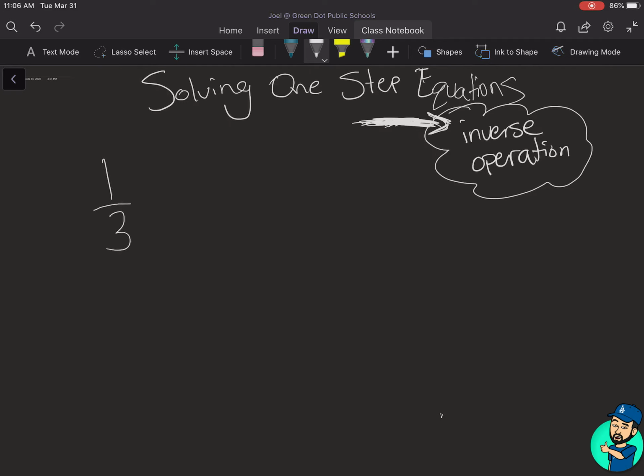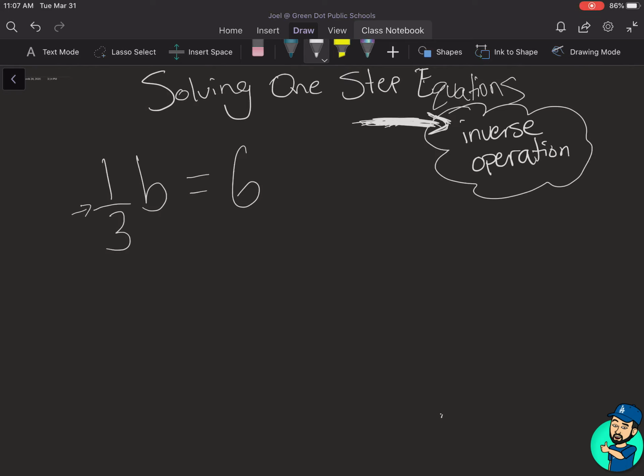1 over 3, or 1/3, B equals 6. So now, let's apply the shortcut. All right? This here means what?